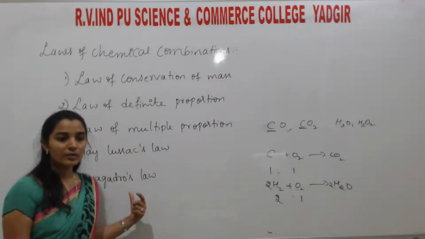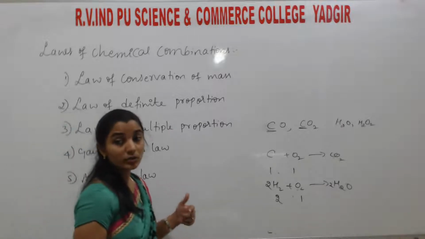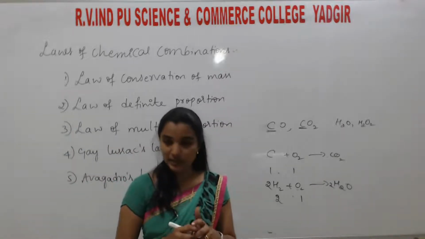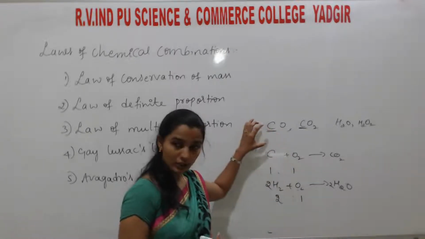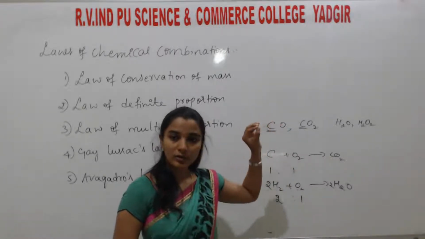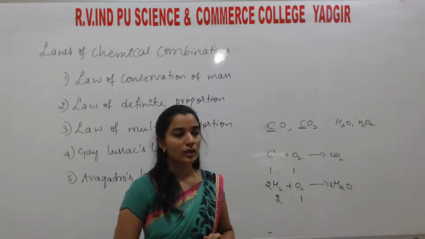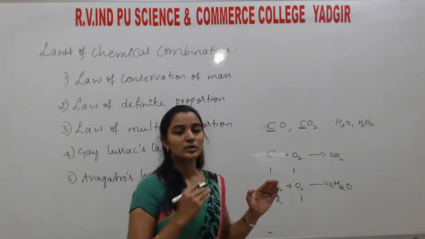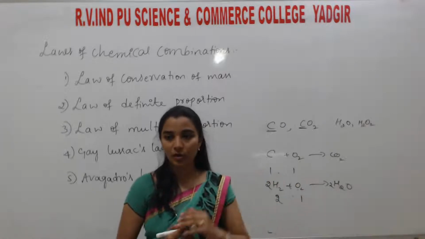And Avogadro's law, of course, directly tells about the number of atoms present in 1 mole of a substance. If any gas is there, an individual gas like H2, 1 mole, it also consists of 6.023 into 10 power 23 atoms. If O2 alone is there, it also consists of Avogadro number of atoms.